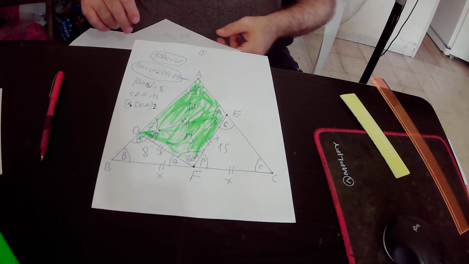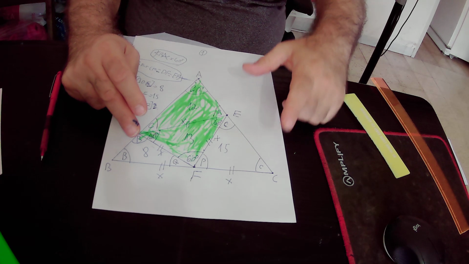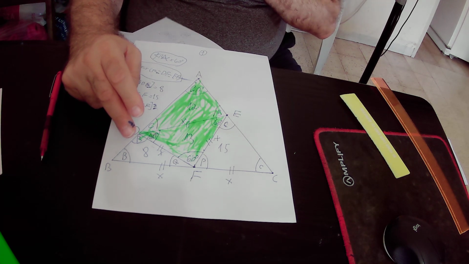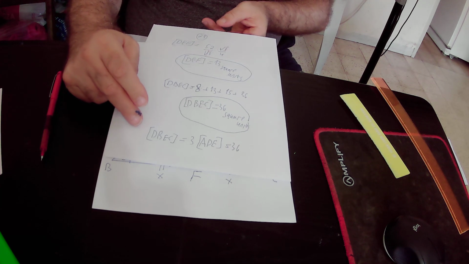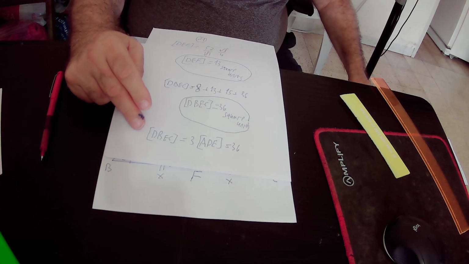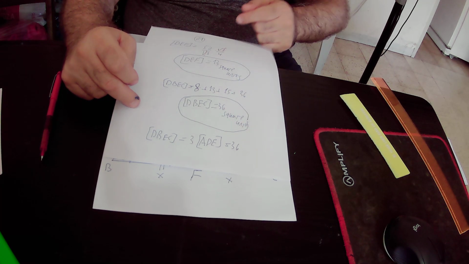And we also found that the area of quadrilateral DBEC equals 36 square units.